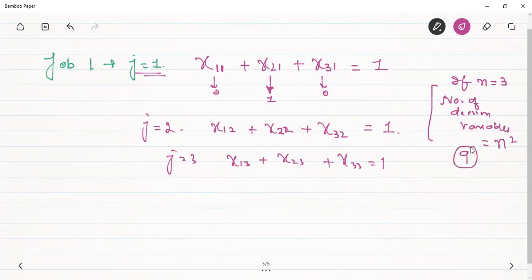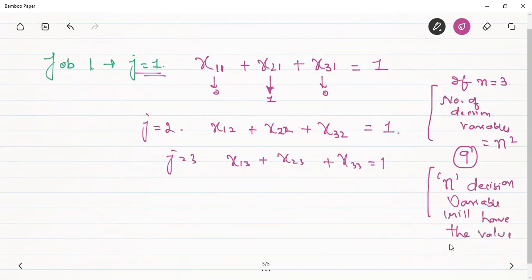But out of these, only n decision variables will have the value of 1.